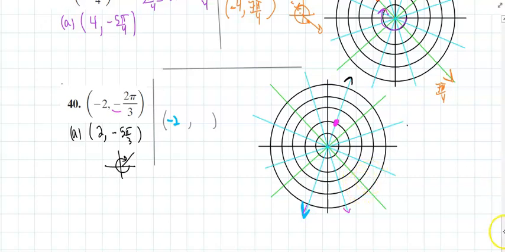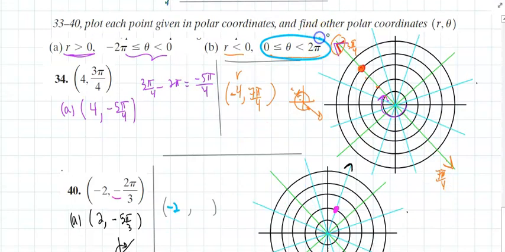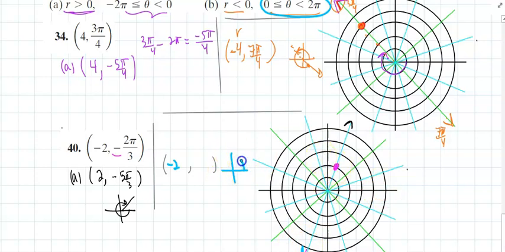But they want the rotation to be positive. So if I'm going to rotate in positive rotation and I want to be at this location, well, let's see. If r is negative, I should be pointing in the opposite direction. This way, when r is negative, I move in the opposite direction. And what would be pi over 3 in the third quadrant? That would be 4 pi over 3.